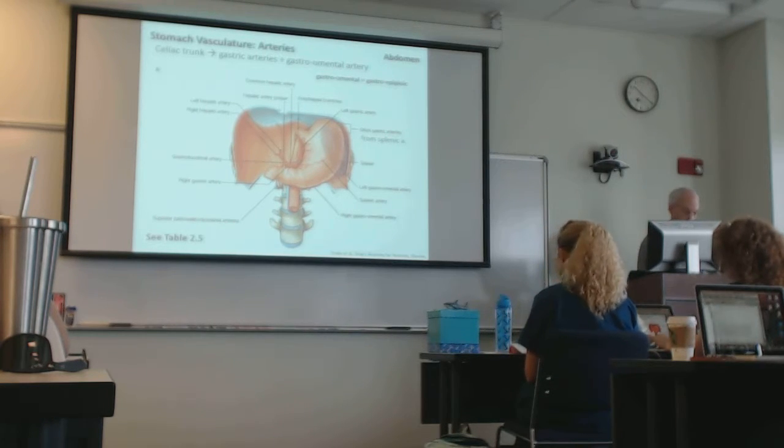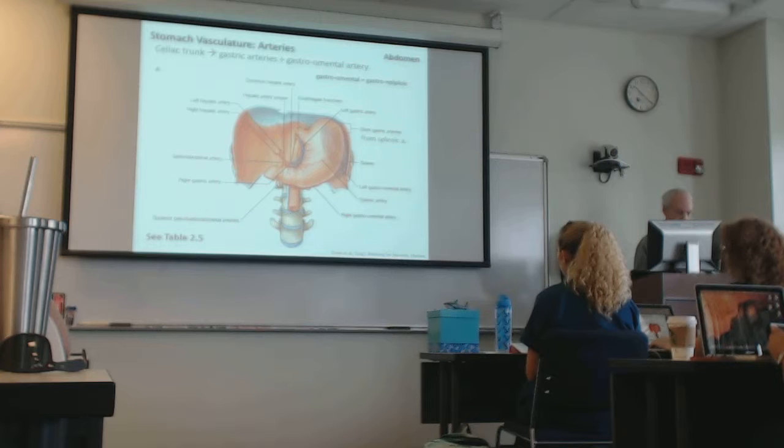Let me see if I can change the color of this to make it blue. So this is the gastric artery there. That's the right gastric artery. And then you can see that there's going to be a gastroepiploic artery down here.